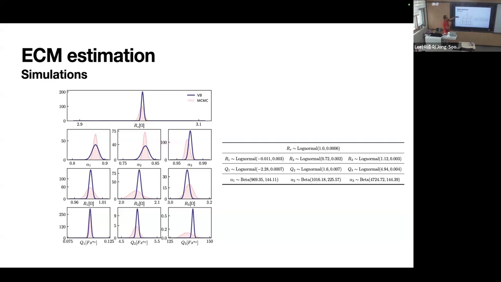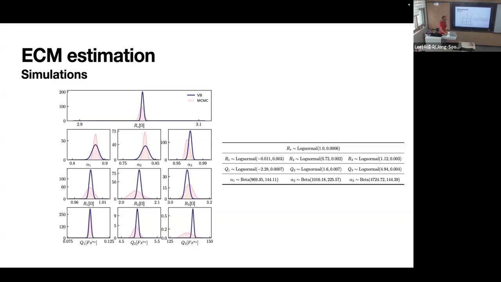No, the second row here are the alpha parameters. Again, one might argue that they look like Gaussians, but in essence, they are beta distributions, and the values of alpha cannot go below 0 or above 1. So everything is physically sound, and these are the values that we got.